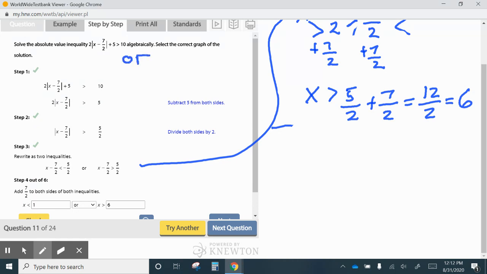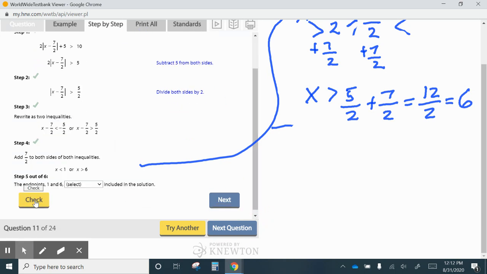The mistake I made, and I want you to make sure you understand, is I accidentally looked at this piece right here, and I saw that inequality. But I should have gone back to the original problem, and that told me that it's an or statement. So be careful. Don't make the mistake that I made on this.